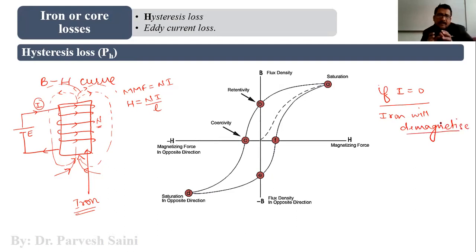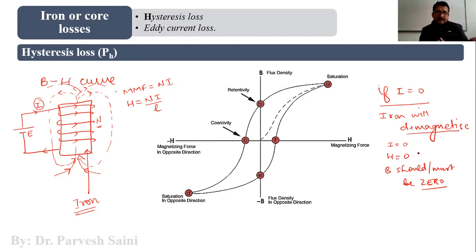Generally, what is believed and desired is that when the current I is 0, H is 0, and if H is 0, then B must be 0.